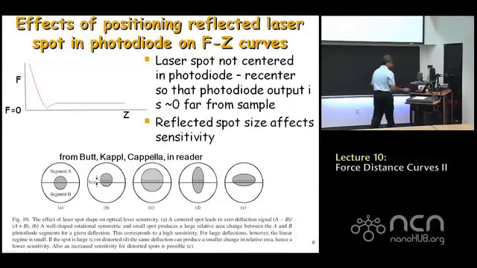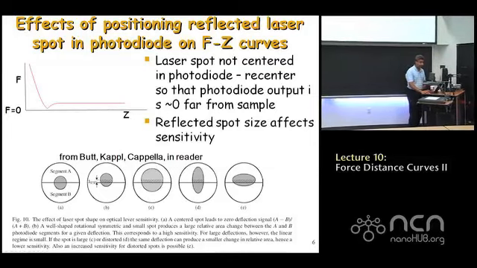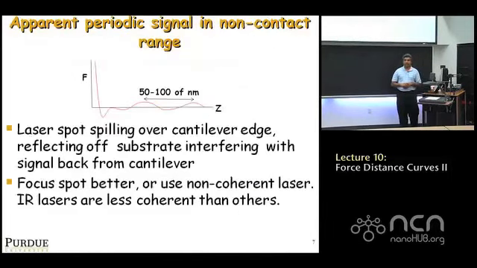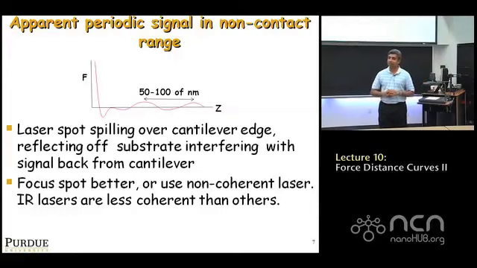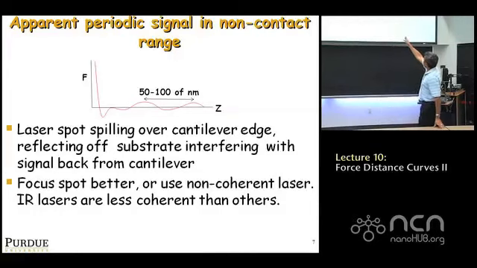So we're going to go through some practical aspects of FZ curves here. Another thing that often happens, especially for folks who are doing FZ curves in large Z ranges, is, remember, at large Z, what should the force be when you're far enough from the sample? Force should be 0 if you're far enough.